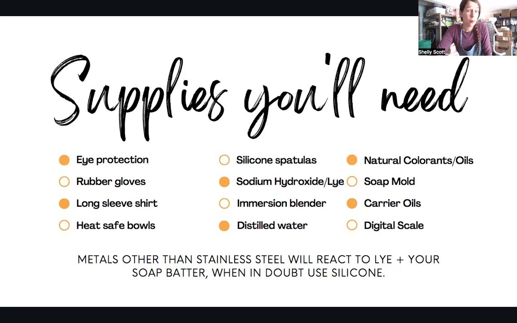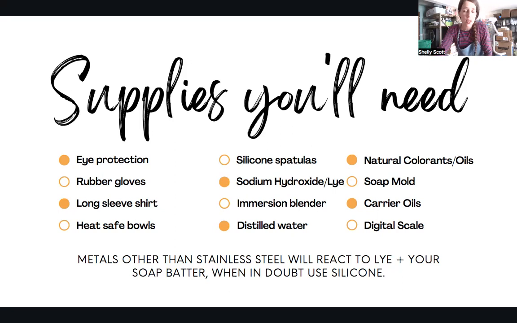We'll also be talking about the different kinds of molds, so you will need that in your soap making journey. You're going to need a soap mold, whether that be a silicone mold or a wood mold. I'll show you the difference of each of these as we get started.